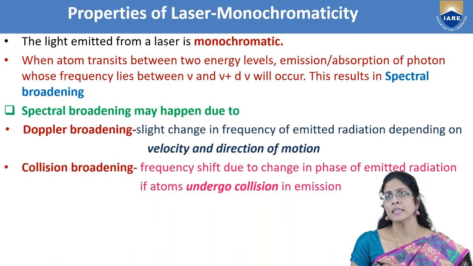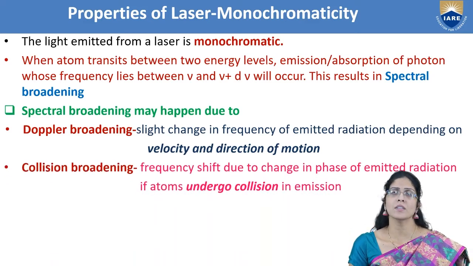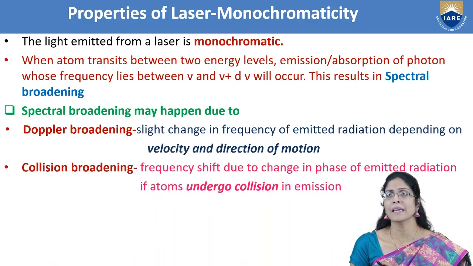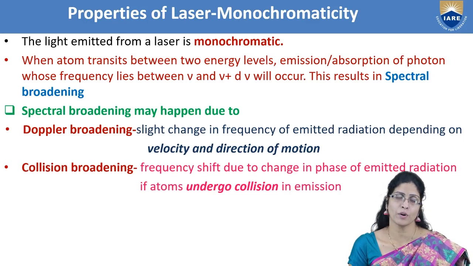And in the emission, the particle may even undergo collision. When this collision happens, a change in phase of the emitted radiation may happen, and this change in phase may lead to a shift in the frequency, which will lead to spectral broadening.